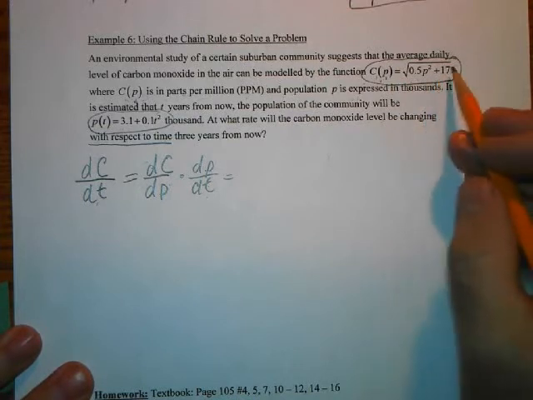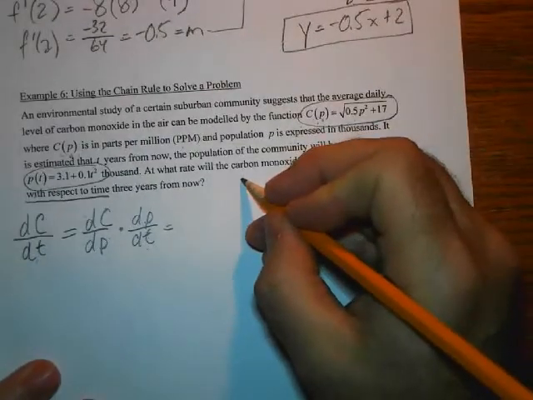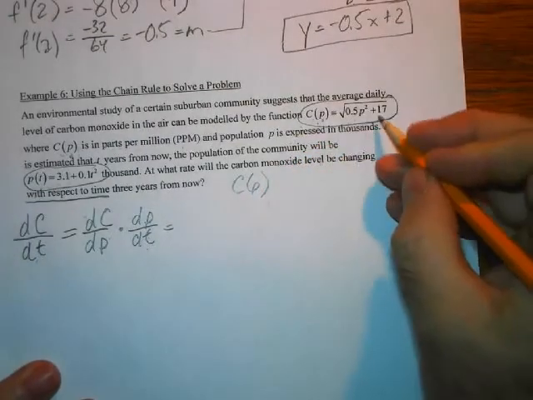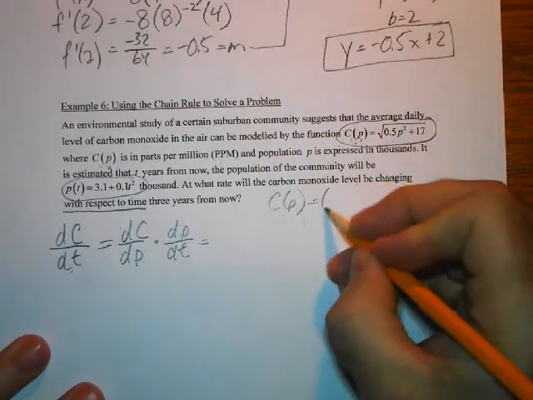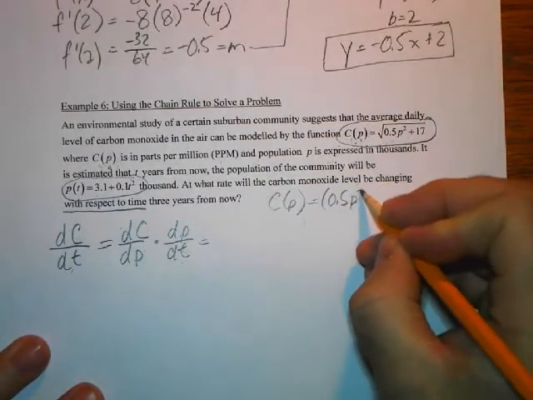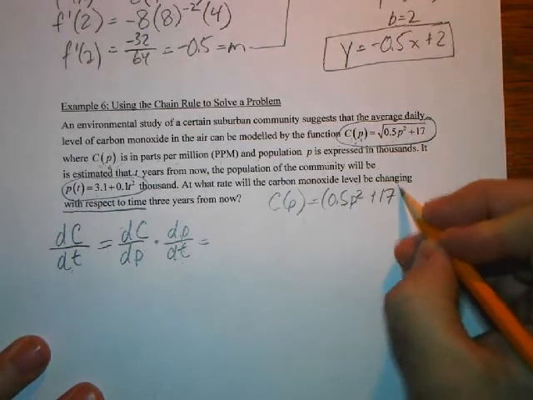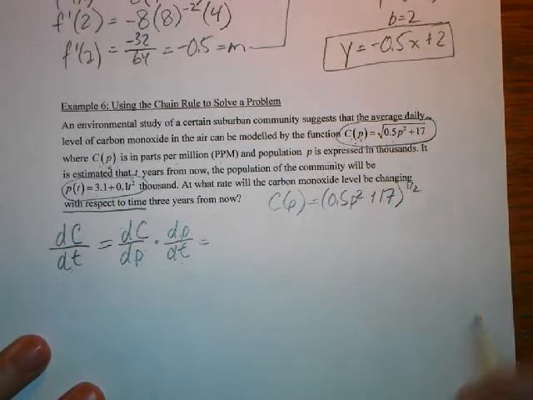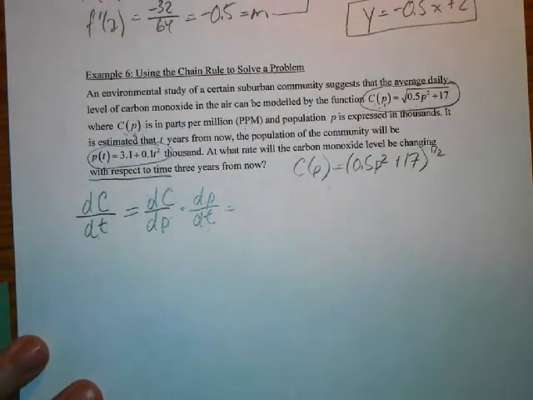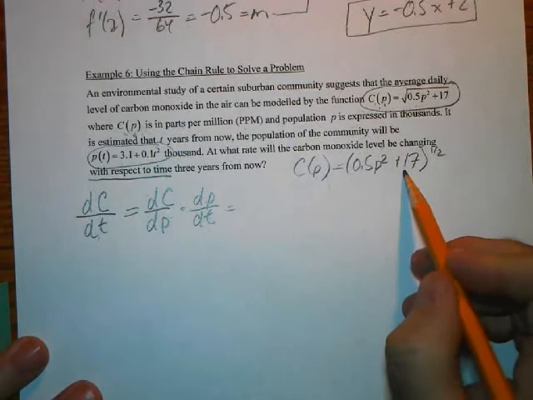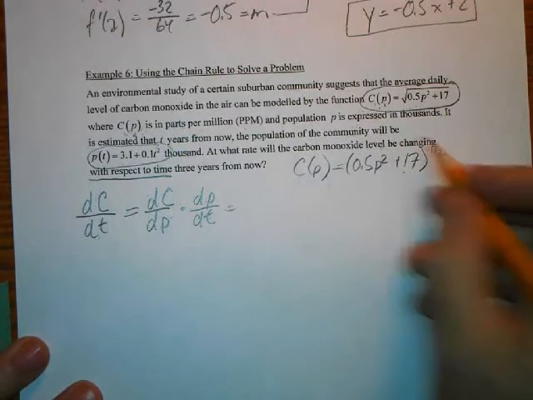Think of this as, I'll just write it out here, C of p. I'm going to change the square root just so I can think of it as more of an exponent. So 0.5 times p squared plus 17 to the power 1/2. And this one's already written like that, so I don't really have to change it. So if I'm taking the derivative of this with respect to p, the 1/2 comes out front.